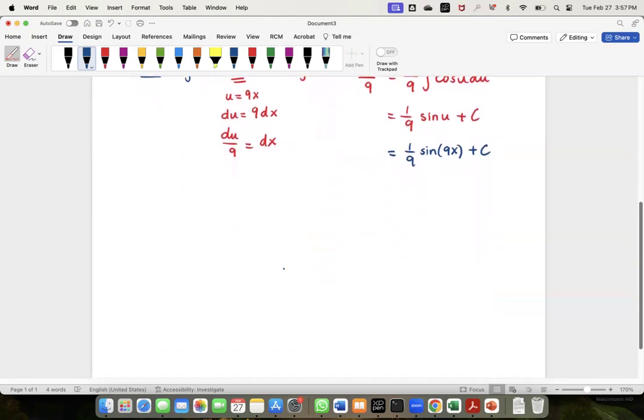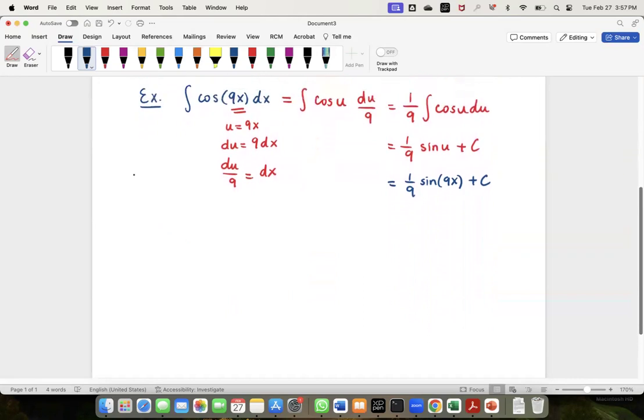And then the next one that I have, let's change that substitution a little bit. I'm just going to make it a definite integral. For example, what about the integral from 0 to pi of sine 2x dx.